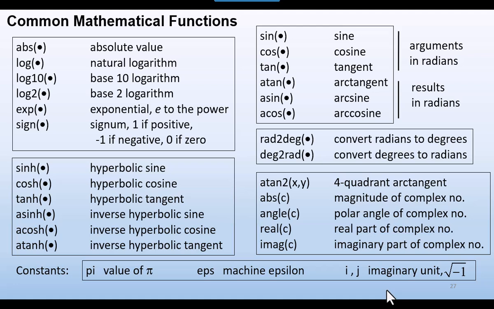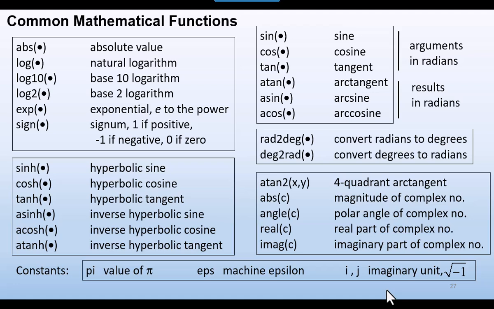Although in our general chemical engineering calculations we don't use complex numbers that much, we do get involved with them in control systems work and signal processing work, and so it might come up that you need to use that, and it turns out that MATLAB is very comfortable working with complex numbers. It's built for it, okay?